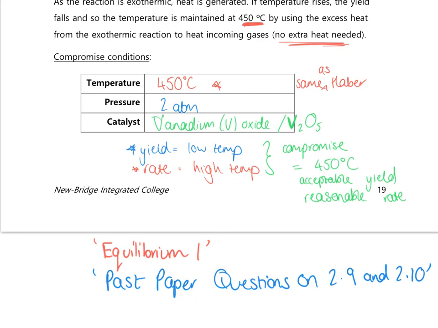Those are a mixture of questions between equilibrium and rate, and just when you're answering those, just make sure that you don't get mixed up between the effects of your concentration, pressure, temperature, catalyst on your equilibrium and on the rate.